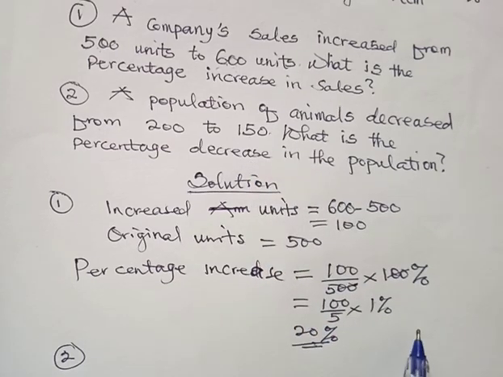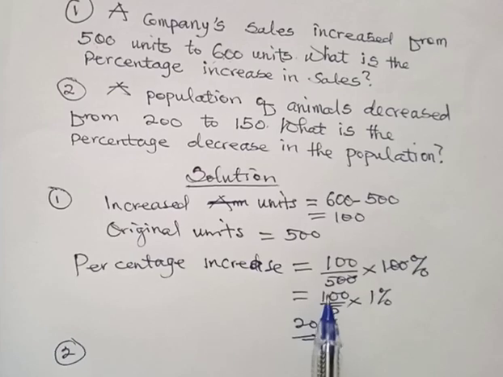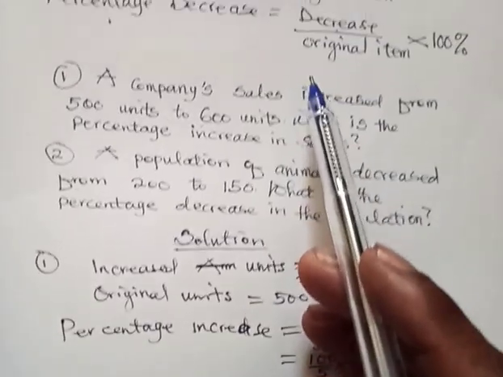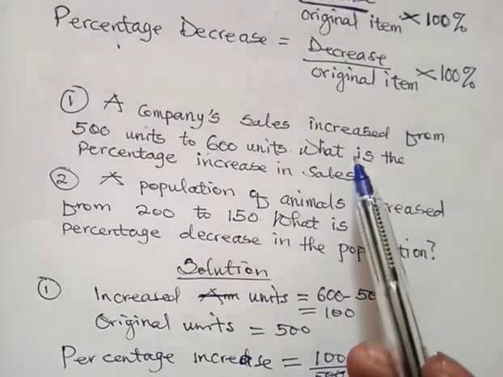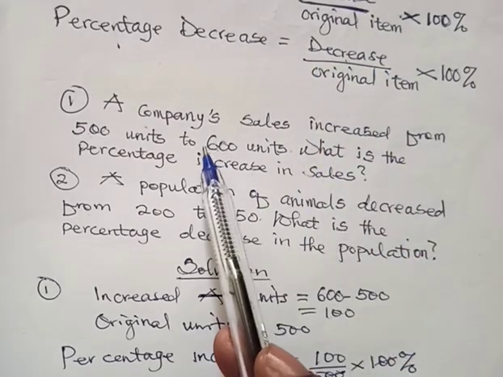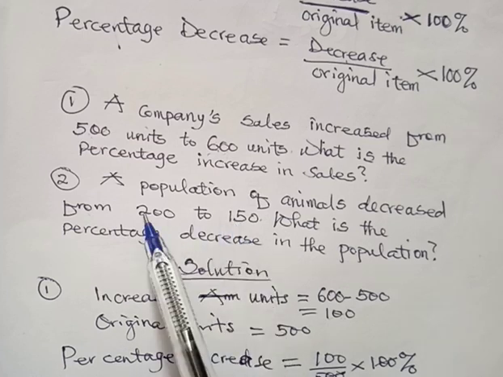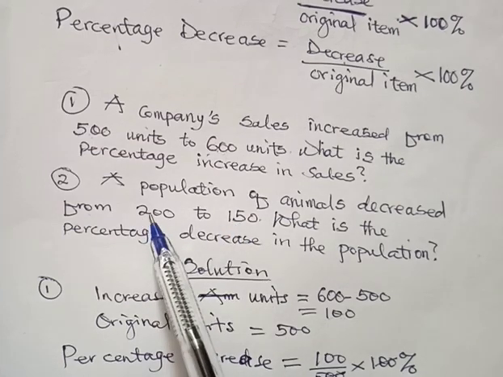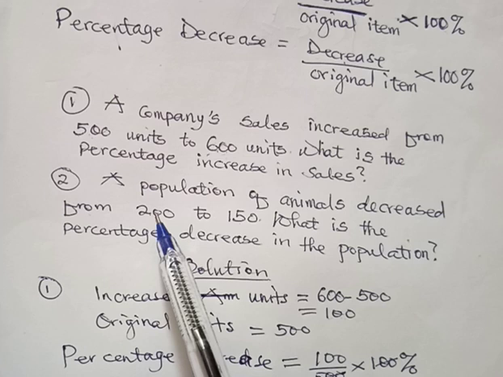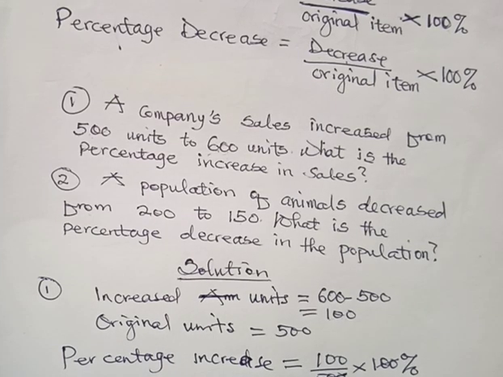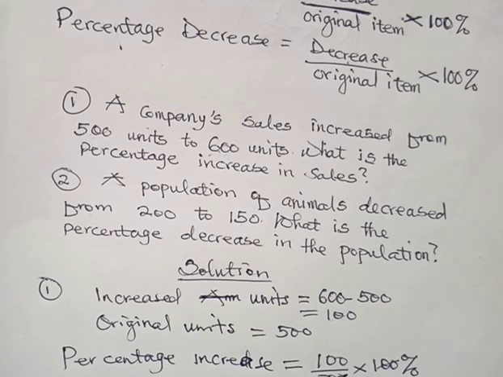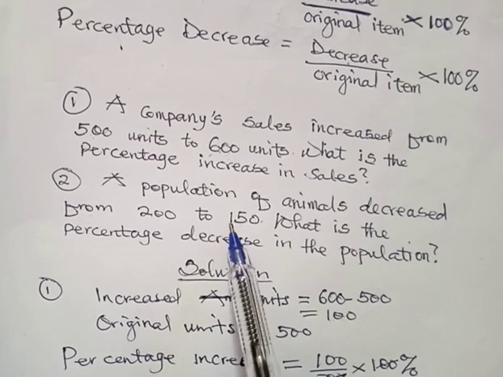Okay, so if that is the case, looking at the formula, the same thing, we find what? The difference. So it means that this amount, the 200, originally this is the total population, but it has been decreased. Decrease means their number has been what? Reduced. It has been reduced to 150.